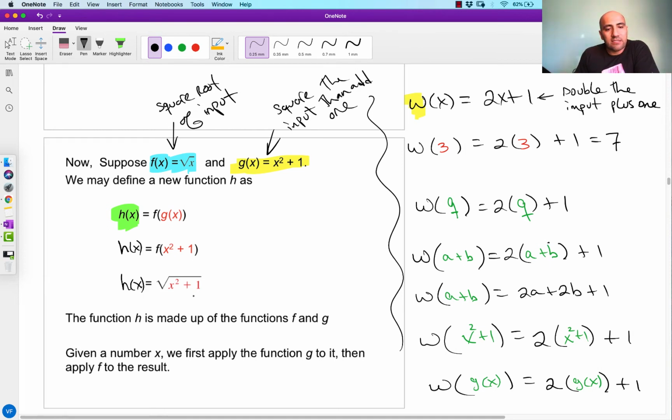Once we see it in this form, maybe we lose track of where it came from or how it came about, but hopefully it's clear. So the function h is made up of the functions f and g. Given a number x, we first apply the function g to it, then we apply the function f to it.